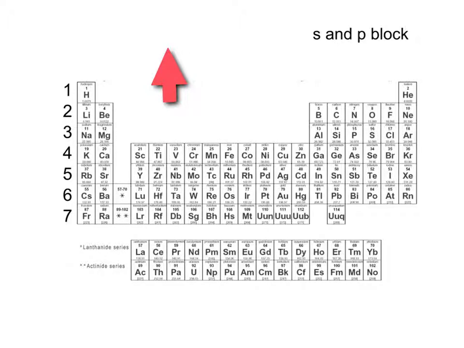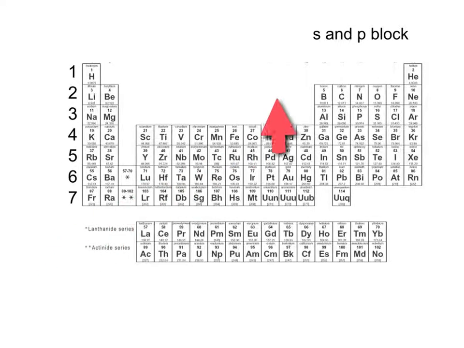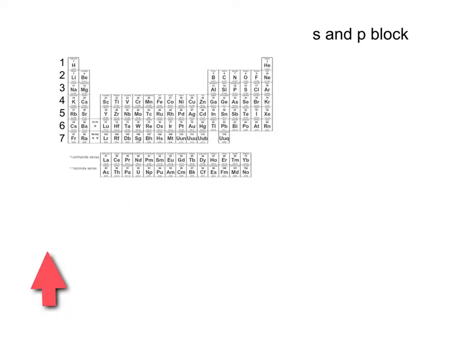We're going to take it element by element, and assign the electron configurations of the stuff that's just in S and P block only for now. D block and F block get a little more complicated, so we're not going to do that till later. So we're going to take it step by step.